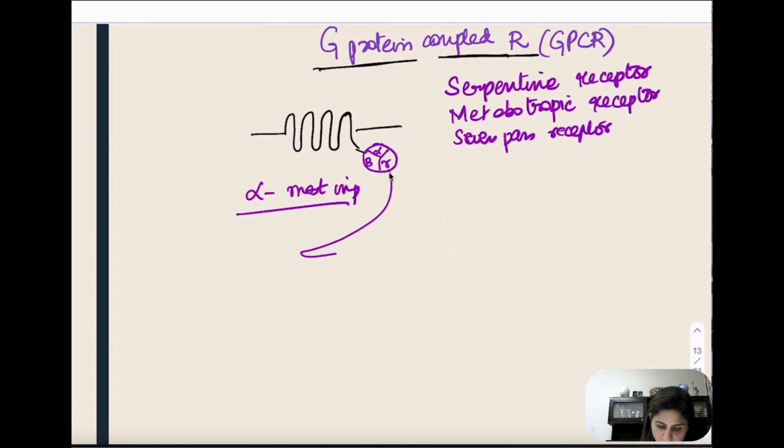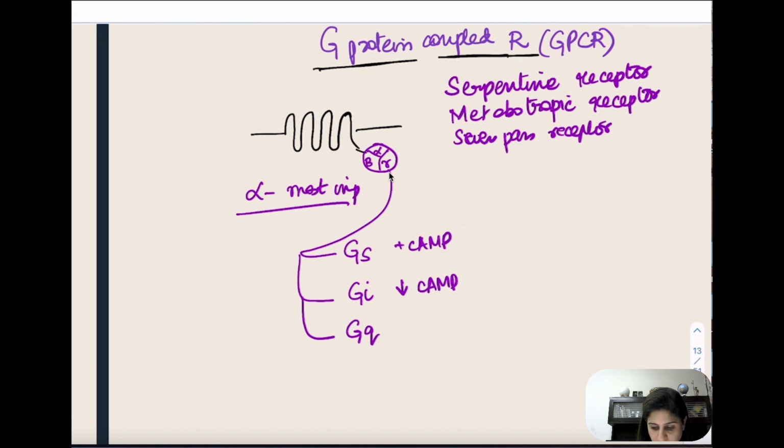They can be GS, which stands for G stimulatory, or GI, G inhibitory. When they are stimulatory, they stimulate the formation of cyclic AMP, an increase in cyclic AMP. Inhibitory is the opposite; it causes a decrease in cyclic AMP.